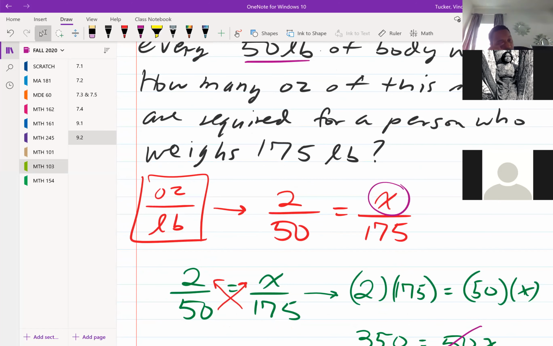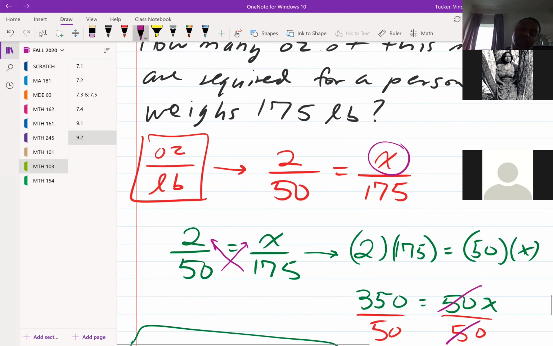All right, questions on the setup? All right, so then from there, cross multiply: 175 times 2, 50 times X. So 2 times 175 is 350. 50X is on the right, so you divide both sides by 50.